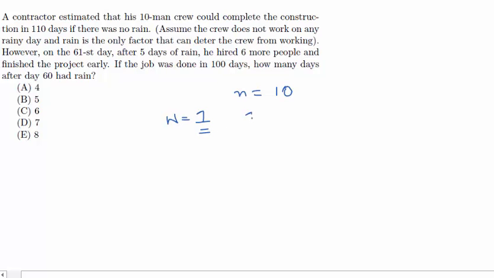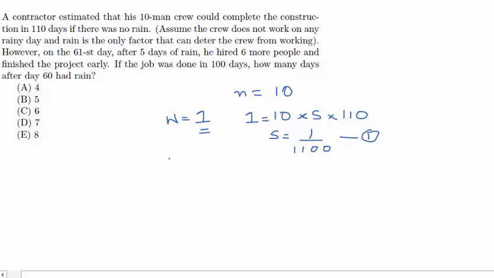So in this case, work is equal to n into speed, which we don't know, into number of days taken when there are no rains. So we get speed as 1 divided by 1100. So let's remember this equation.